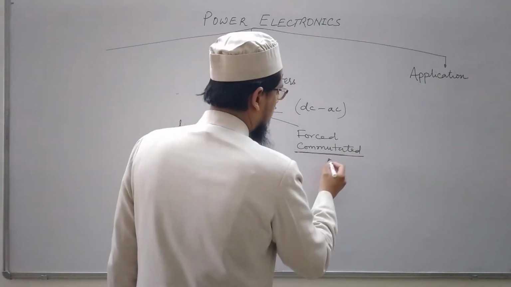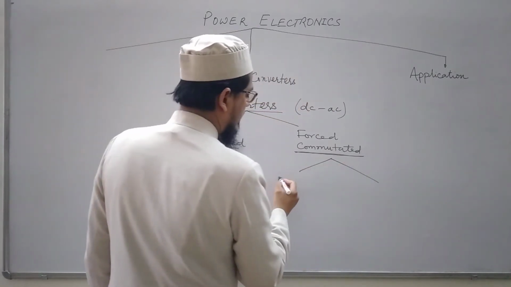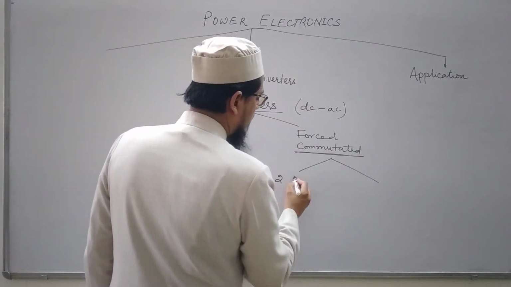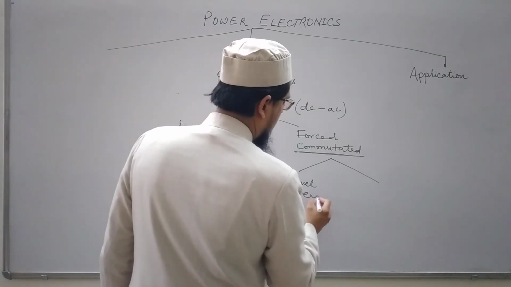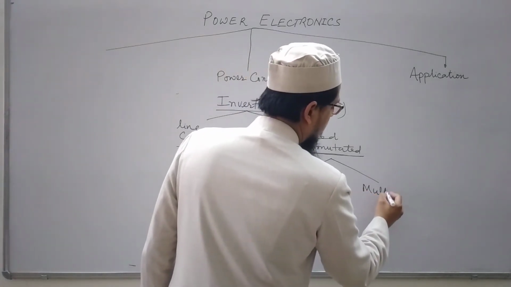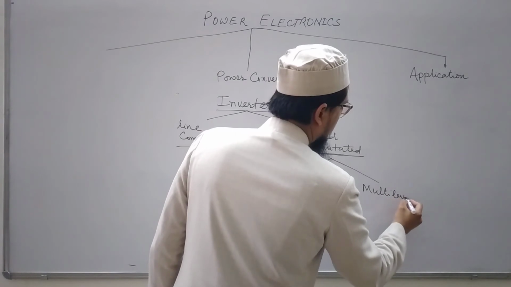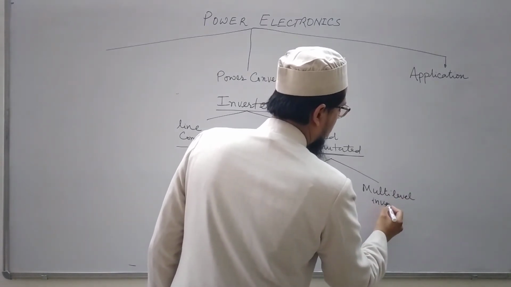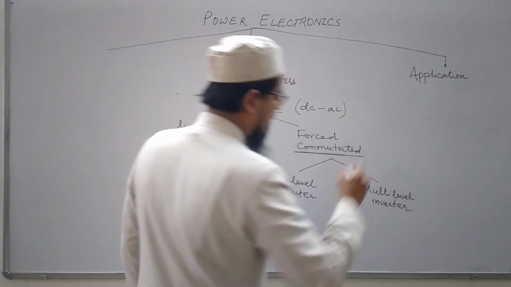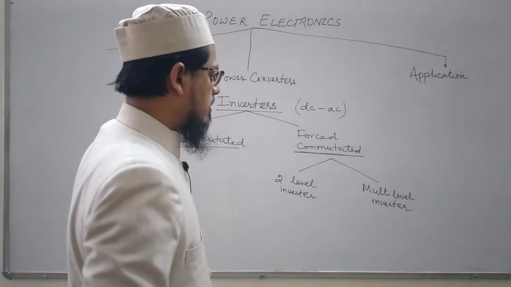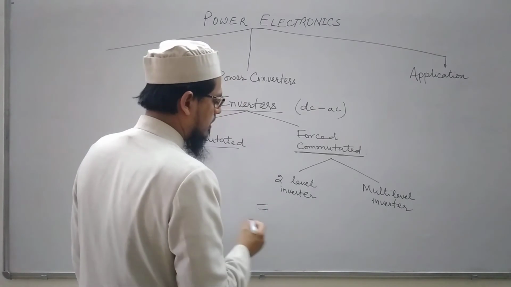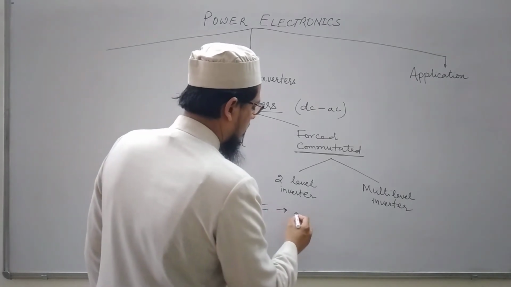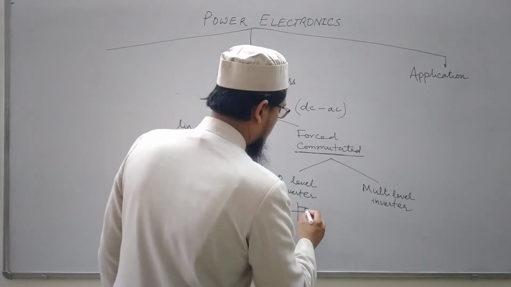Okay. And the forced commutated inverters can again be classified as two-level inverter and multi-level inverter. So what is meant by a two-level inverter? We have this DC supply and it is converted into AC.